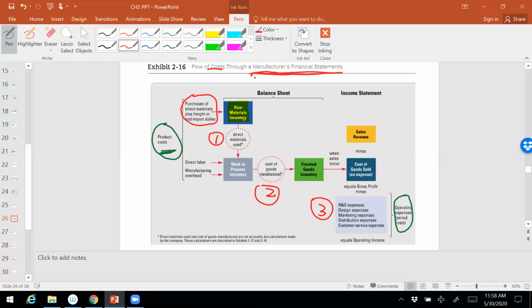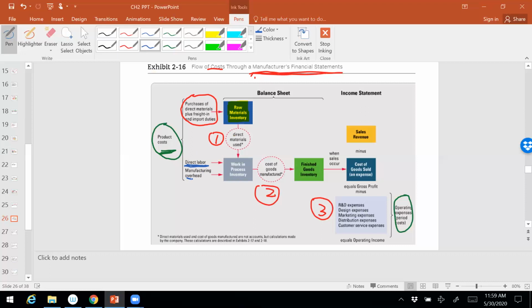Will the raw material become the car by itself? No, you cannot, unless you have magic, right? Otherwise, you have to use direct labor. Someone has to, we talked about that, right? Convert the direct material to a car.